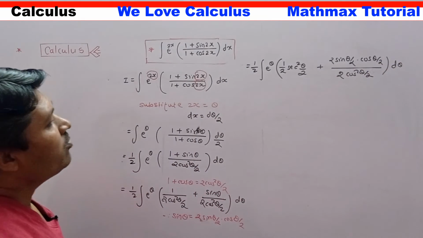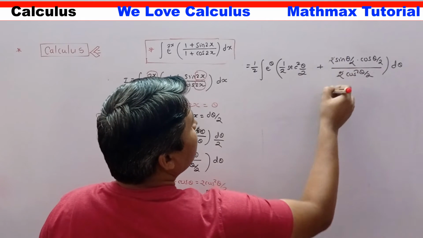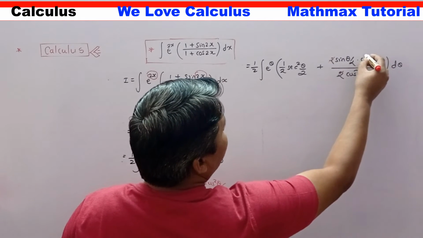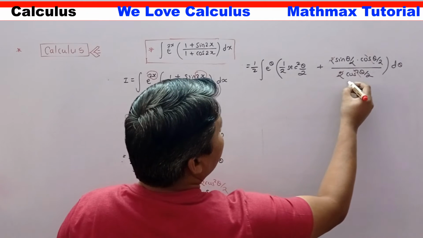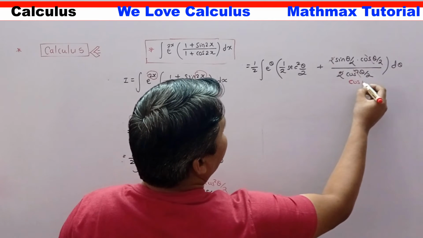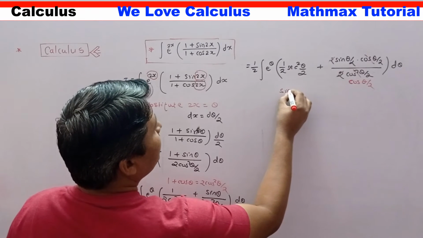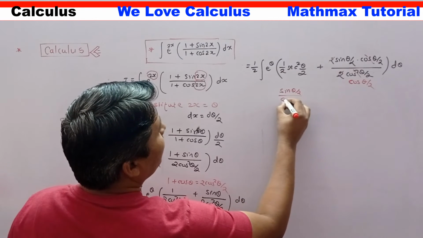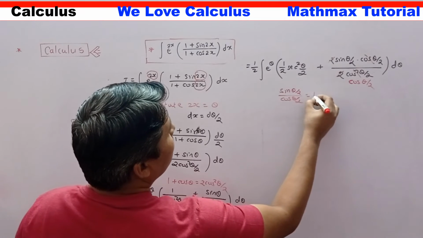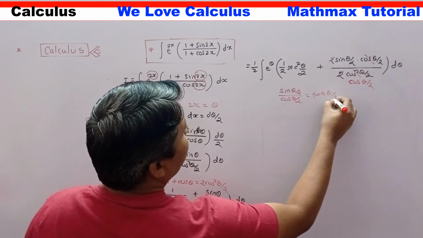Here we observe that the 2 cancels and one cos theta by 2 remains. We know that sin theta by 2 divided by cos theta by 2 is tan theta by 2.